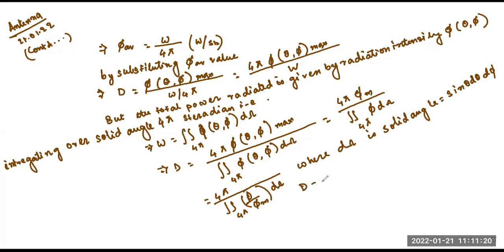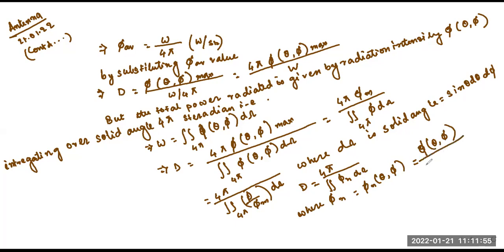So we can write D equals to 4 pi by integration of phi n d omega, where phi n, that is phi n of theta comma phi, is equal to phi of theta comma phi by phi of theta comma phi max, that is phi by phi m. This is called the normalized power pattern.